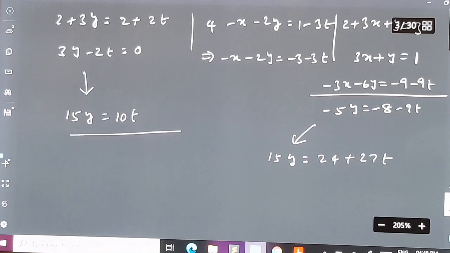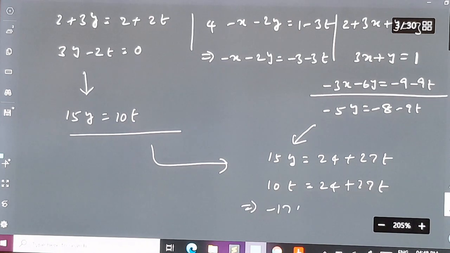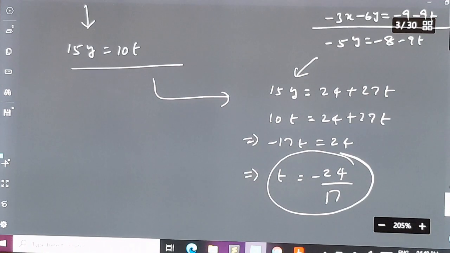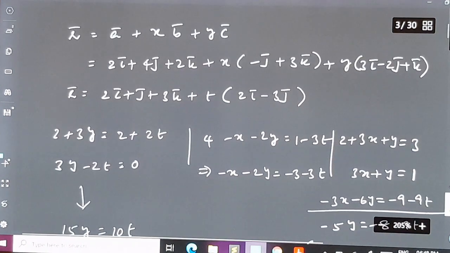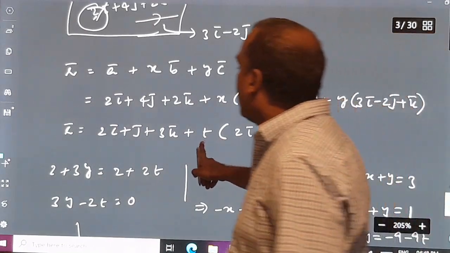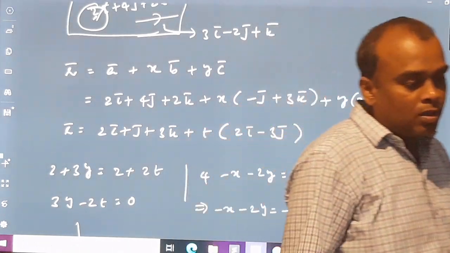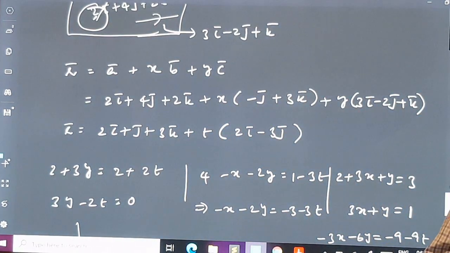So using 15y is equal to 10t over here, I am getting 10t is equal to 24 plus 27t. Or from this I have minus 17t equal to 24, or I have t is equal to minus 24 by 17. Now put this value of t over here and you will have your point of intersection. Let's move on to next problem.